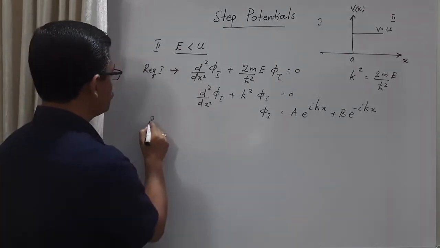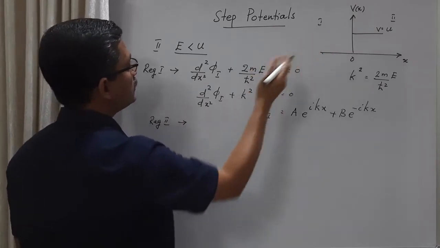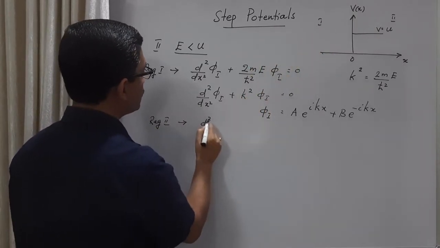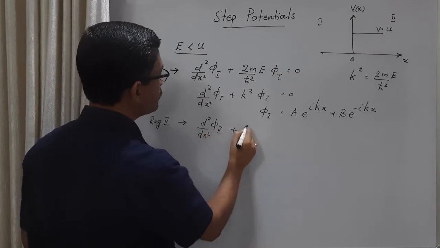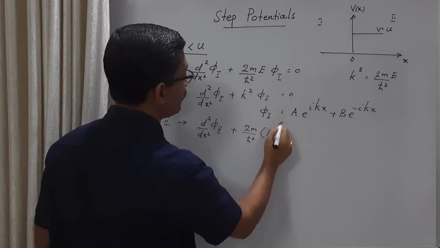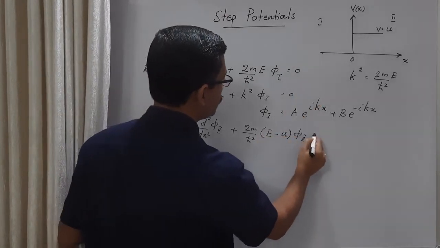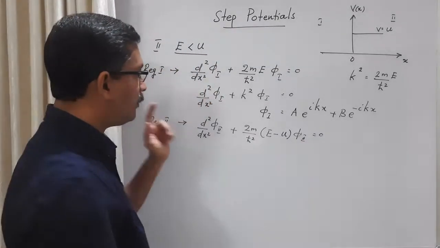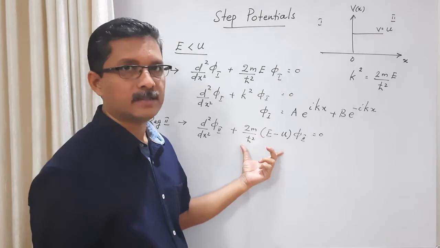Then now region 2. In this region, if we write the Schrodinger equation, it is d square by dx square phi 2 plus 2m by h cross square (E minus V) phi 2 equal to 0, but V is equal to U in region 2, so E minus U. But here, since energy is less than U, this entire term is negative.